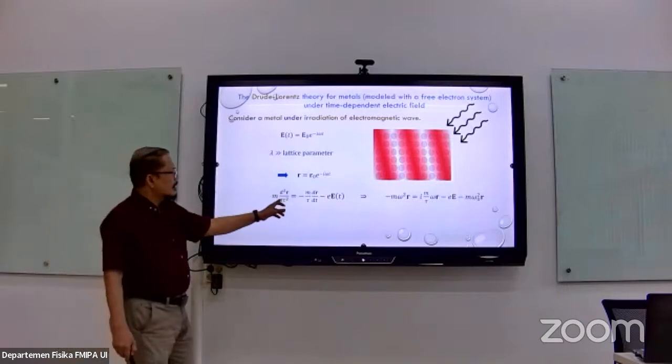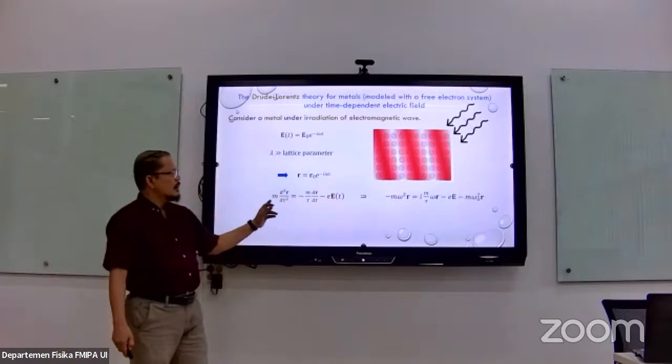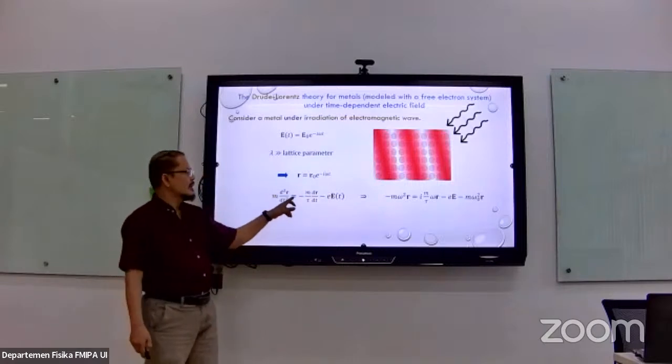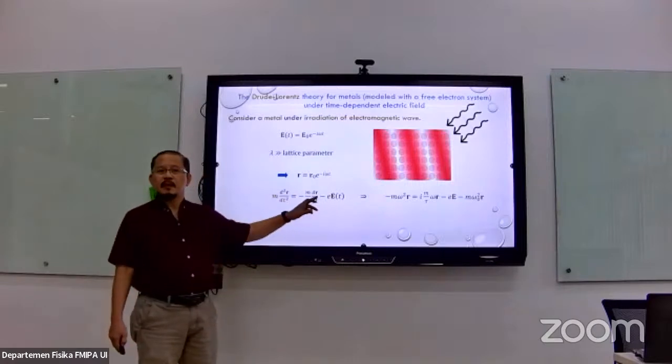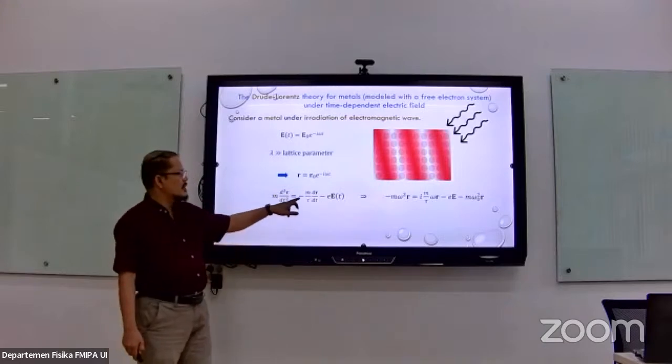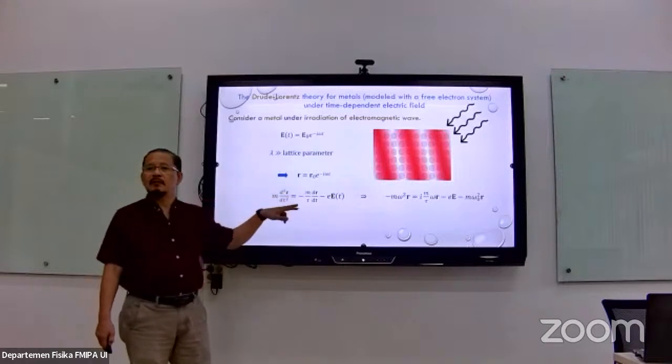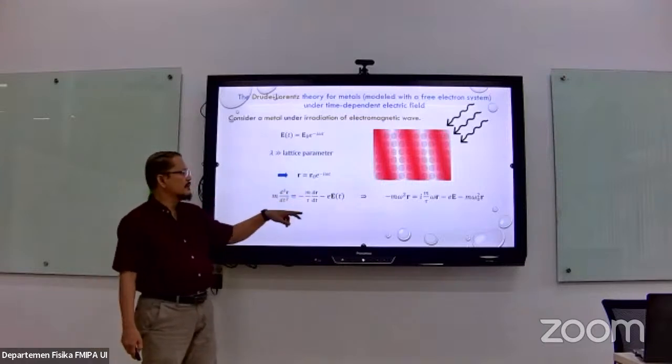Make sure that you know how to guarantee that this equation is correct in terms of dimensionality, and also the sign. Of course, this sign has to be minus because the effect of collision should be decelerating.